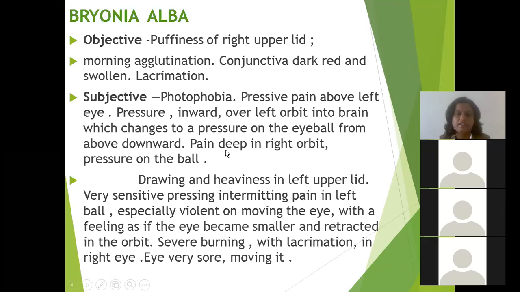Pain deep in the right orbit and pressure on the ball. There is a drawing and heaviness in the upper lid, very sensitive, pressing, intermittent pain in the left eyeball, especially violent on moving the eye.